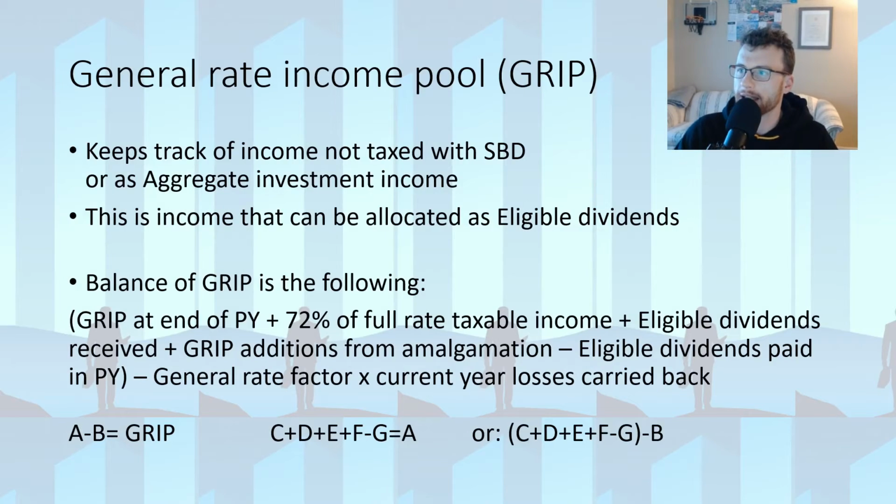Let's talk about the general rate income pool, or GRIP. This is a pool, a tax account that keeps track of the amount of general rate income, or income that is taxed outside of the small business deduction or aggregate investment income, and is retained and kept track of in the CRA and on your tax return under Schedule 53.